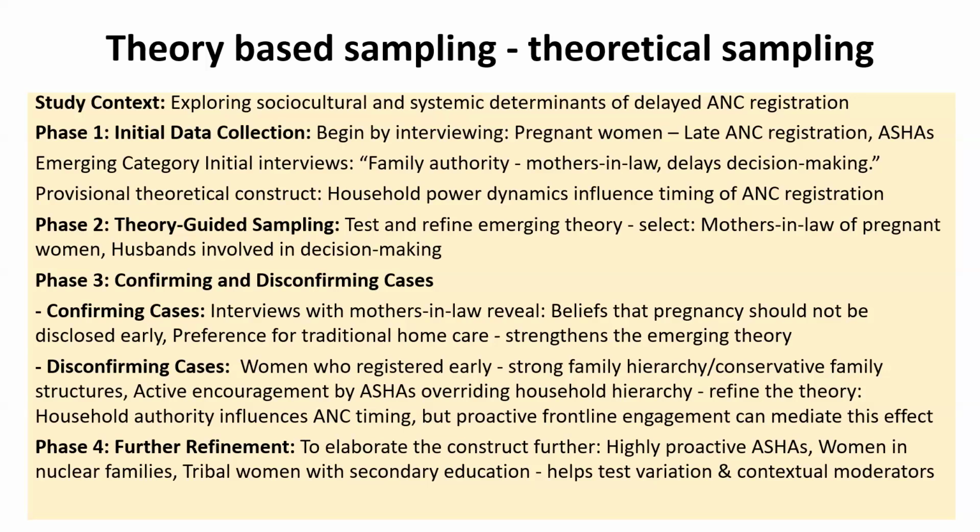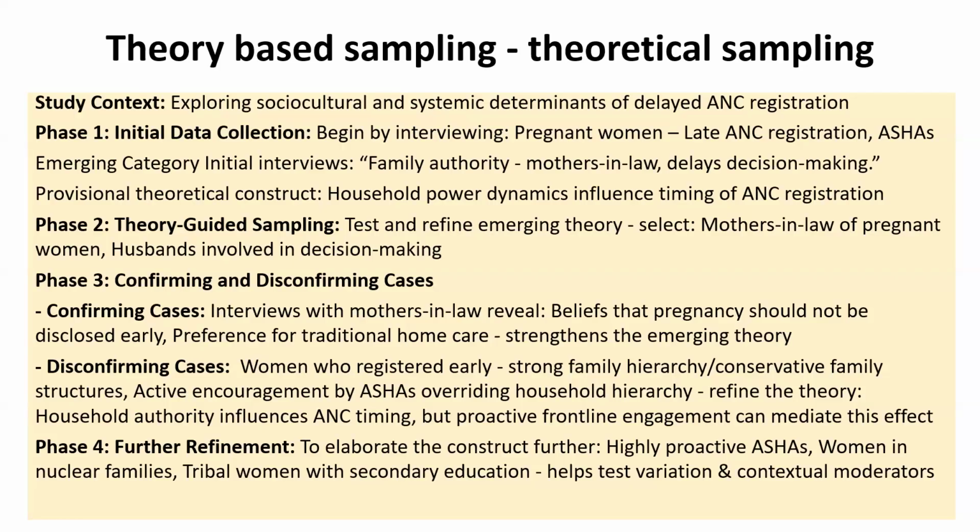The next phase is you want to test and refine this theory of household power dynamics. So here now you will purposefully select mothers-in-law of pregnant women and husbands who are involved in decision making, and you will talk to them. And it may seem okay, whatever we found in phase 1 appears to be true because they are also on the same track.